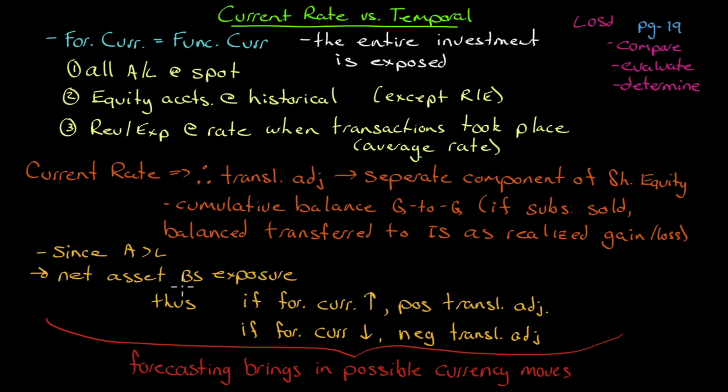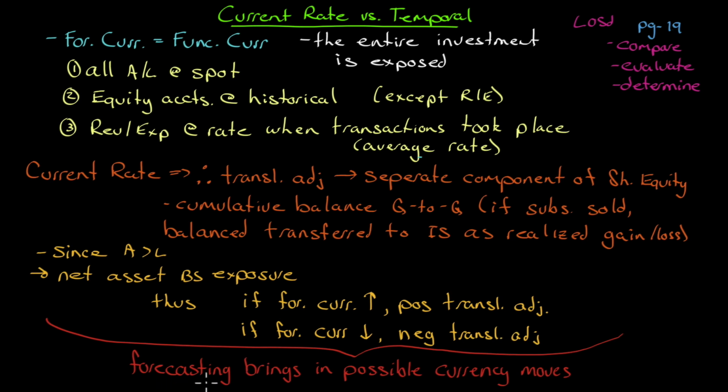So any parent that's translating subsidiary statements using a current rate method will have net asset balance sheet exposure. Thus, if the foreign currency appreciates quarter over quarter, there'll be a positive translation adjustment, which will lead to higher equity. If the foreign currency period to period depreciates, there'll be a negative translation adjustment.